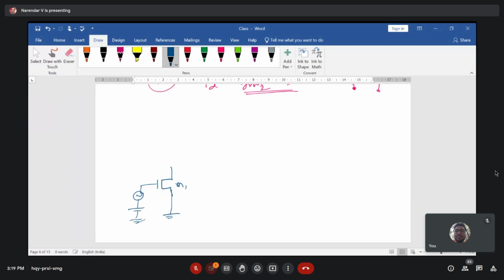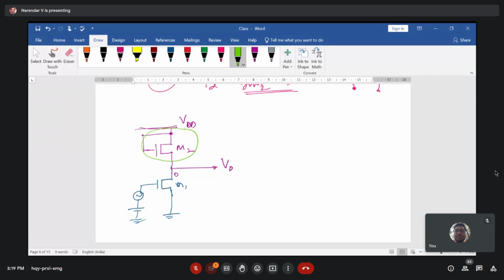Source terminal is connected to ground, and here you have the MOSFET M2, whose source is connected to the drain terminal of this M1 transistor. Both are connected to the same terminal, and this is your VDD, and from this point you can tap the VO. This is the replacement of your resistive load with the diode connected MOSFET.